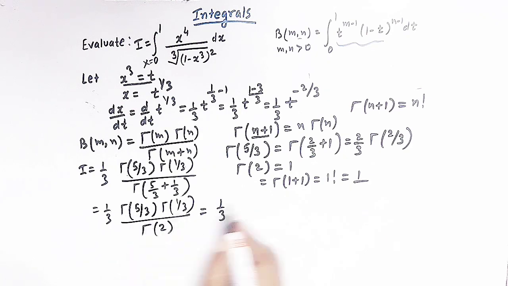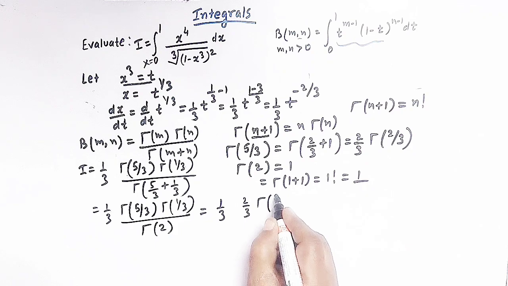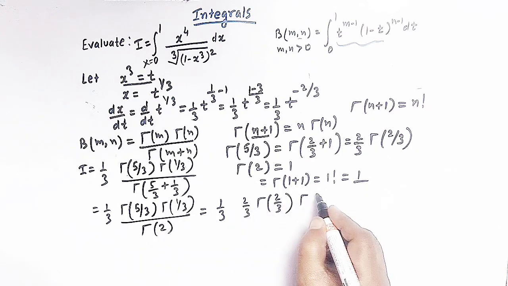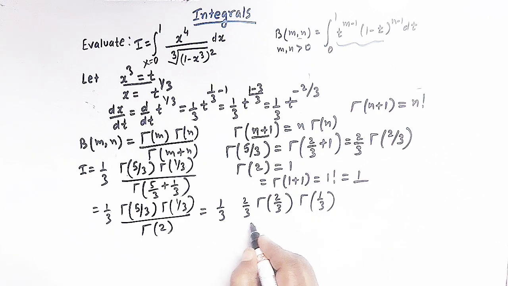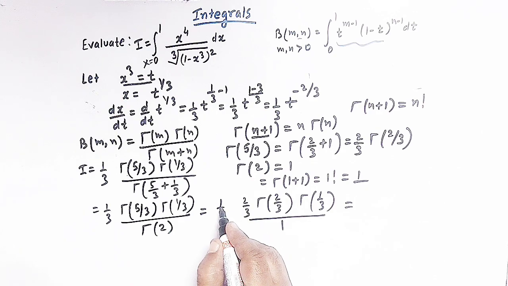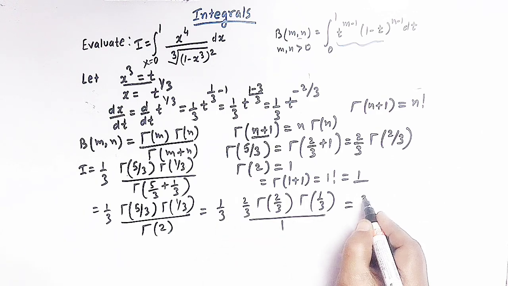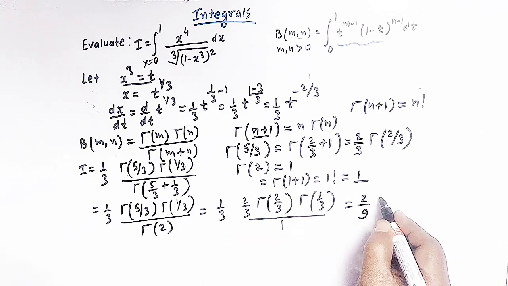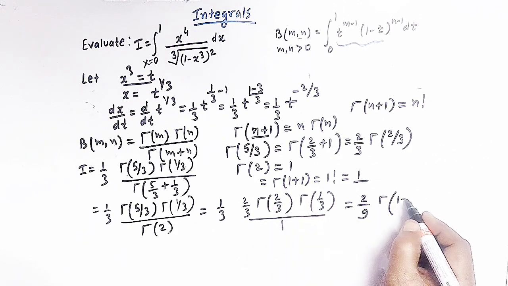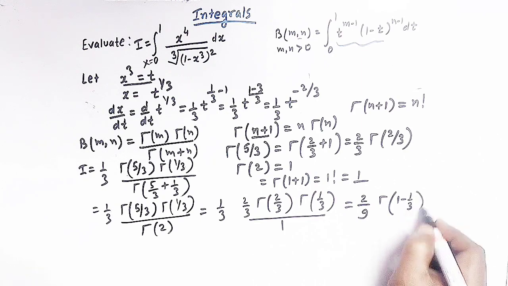Gamma 5 by 3 can be written as 2 over 3 gamma 2 over 3, and then we have gamma 1 over 3, and in the denominator we have 1. So now here we can multiply these two fractions. So we have 2 over 9, and then we can now write this 2 over 3 as 1 minus 1 over 3, right?